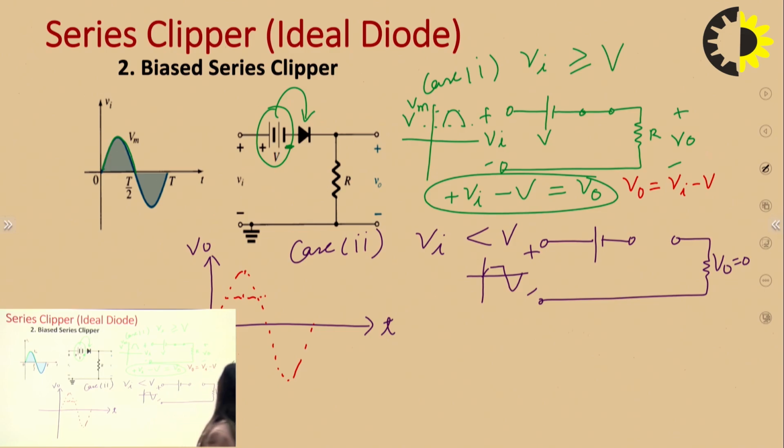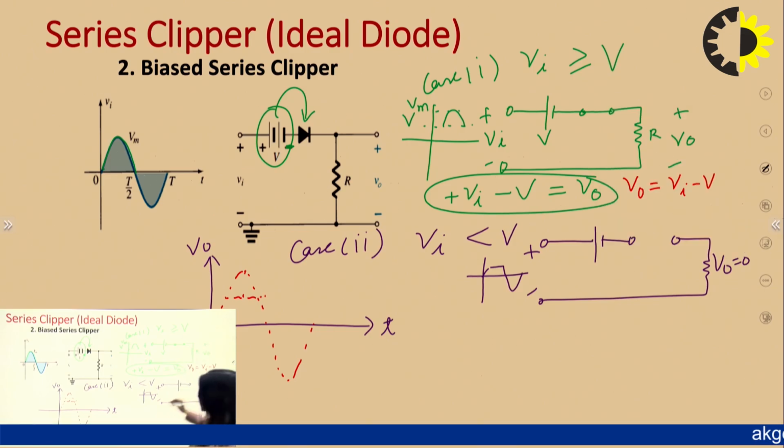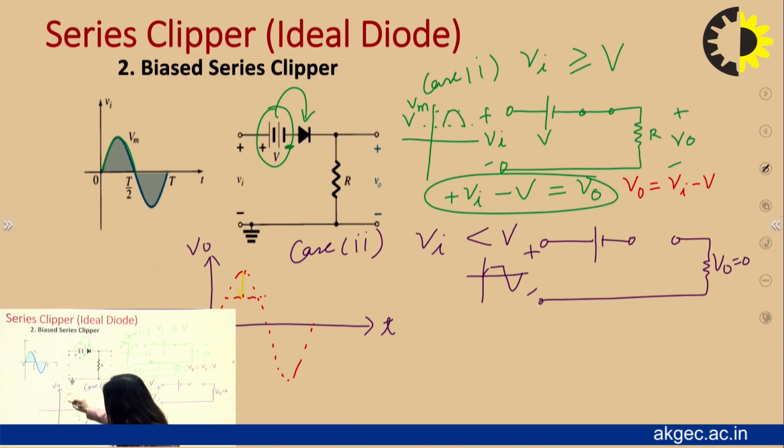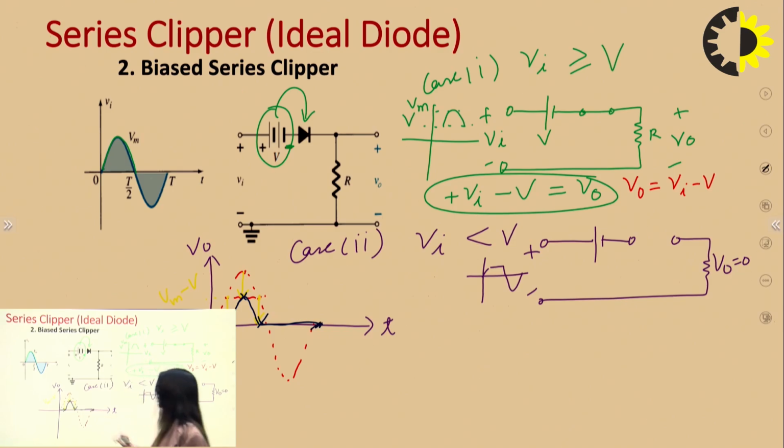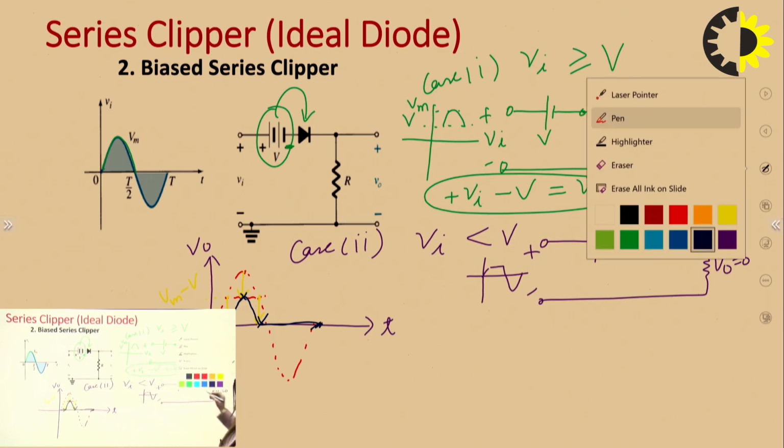Please understand, if this is Vm, then this part will be Vm minus V, and this portion will go down here, and we will have 3 points, 1, 2, 3, and for the rest of the part the waveform is shown like this.